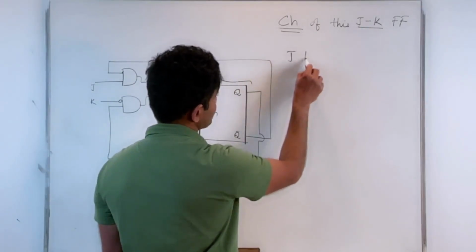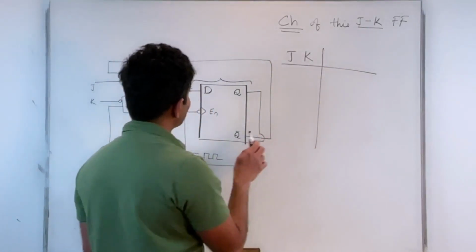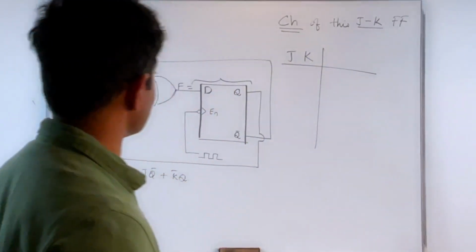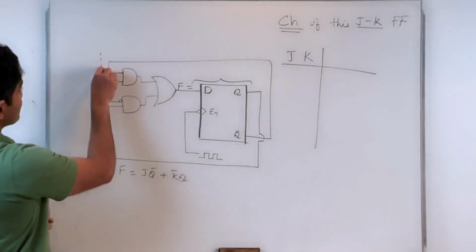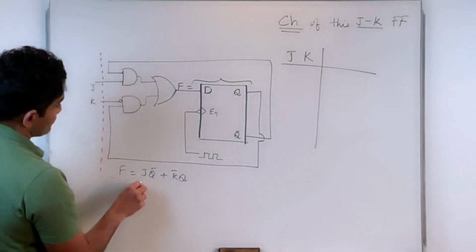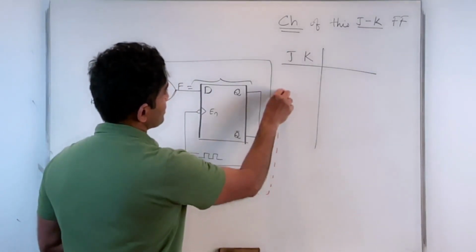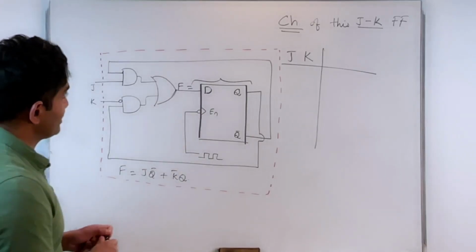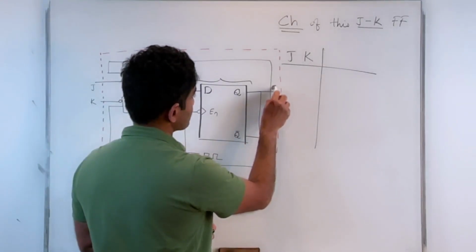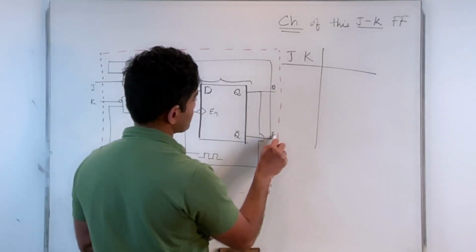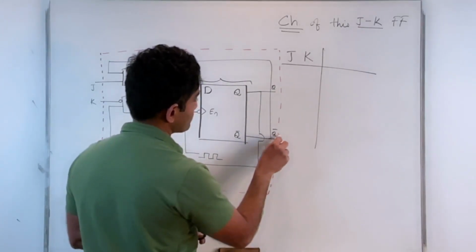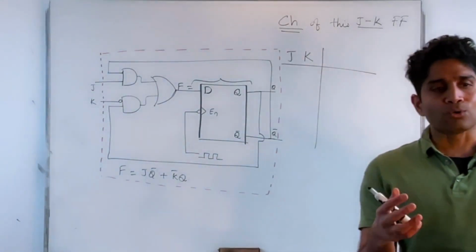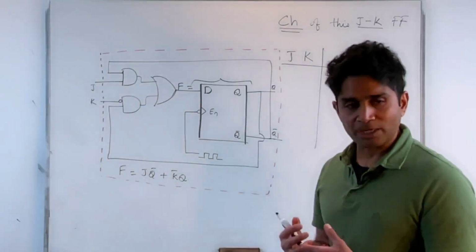I have two inputs, J and K, and an intermediate input D. If I enclose this in a box, the inputs to the block are J and K, and the outputs are Q and Q prime. What happens inside, I'm not so much concerned about, as long as I know what the input-output characteristics are, which is what I'm trying to derive.